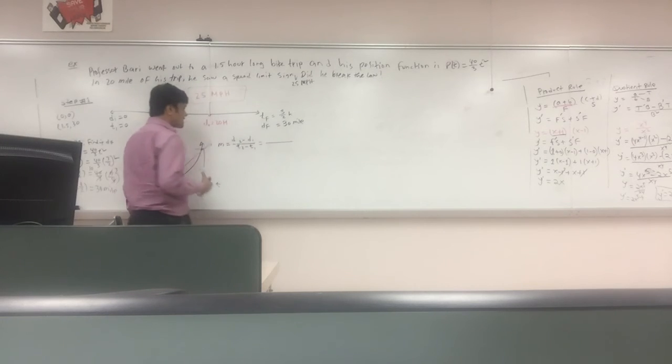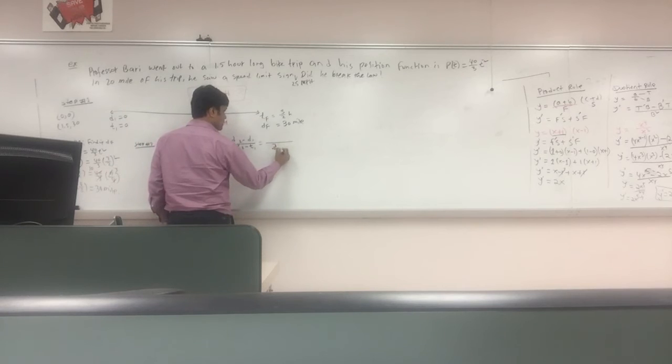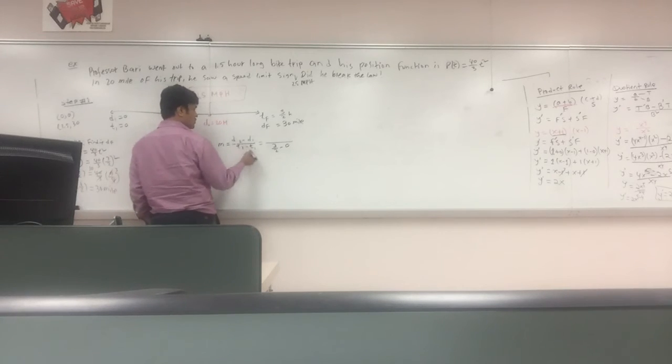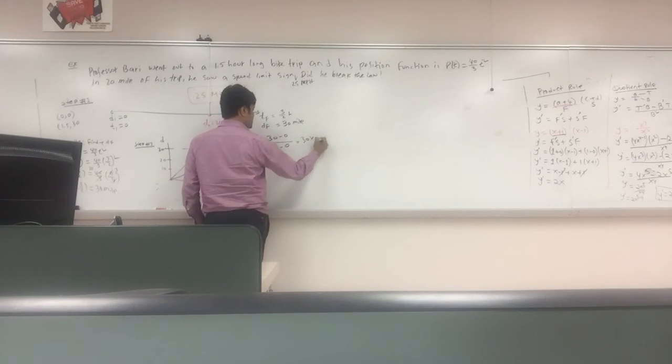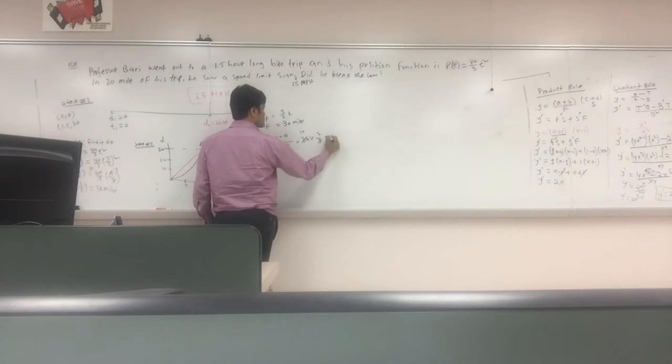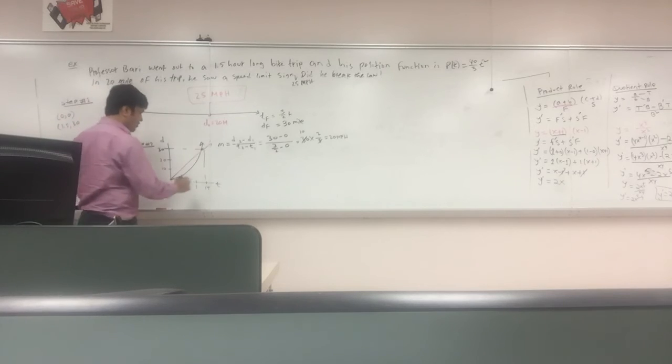So t2 is 1.5, which is 3 over 2, minus t1 which is 0, and d2 is 30 minus 0. So 30 times 2 over 3 is 20 miles per hour. So the slope of this red line is 20 miles per hour.